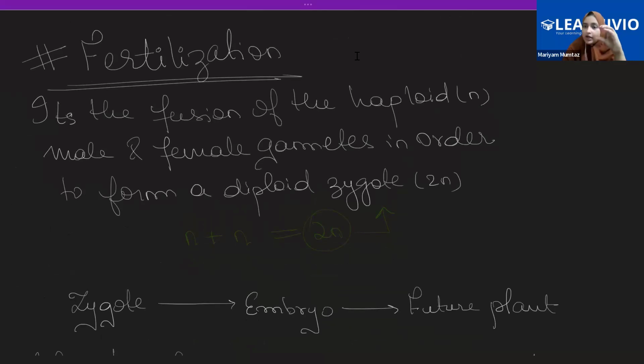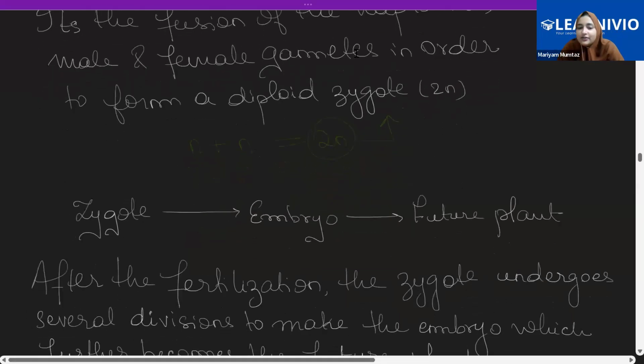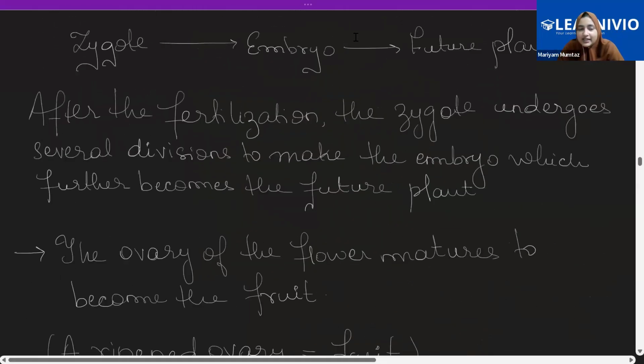A haploid male gamete and a haploid female gamete fuse to give a diploid zygote. Diploid means two sets of chromosomes are present in that organism. Then the zygote develops into an embryo, and the embryo develops into the future plant. So this is how fertilization happens.